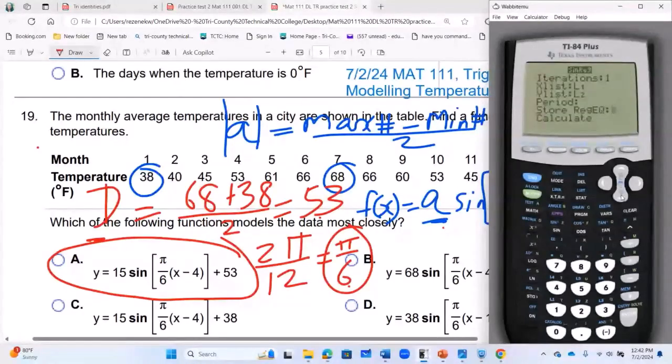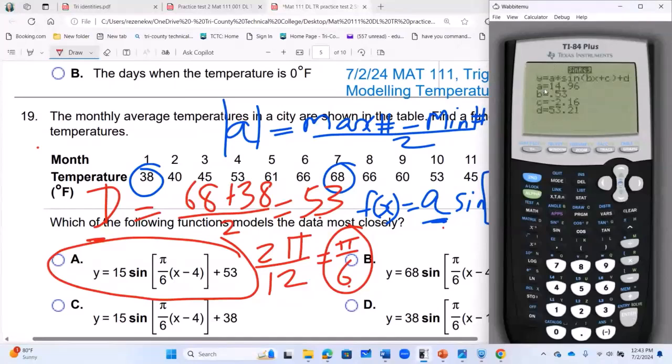So vars, Y vars, function Y1. I just told my calculator to draw the sinusoidal curve for me, put the equation in Y1, and I'm going to compare that equation with the estimates I made. So I'm going to calculate.